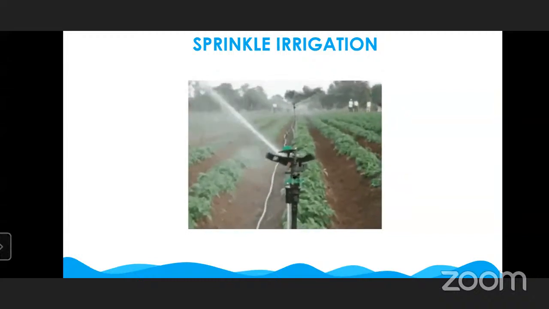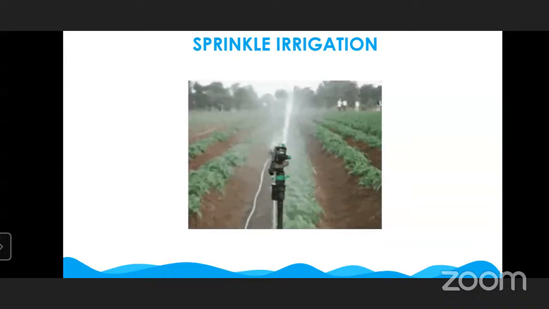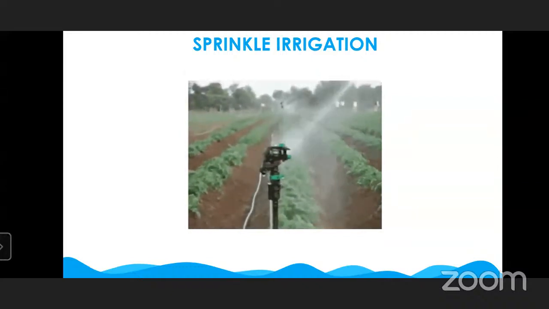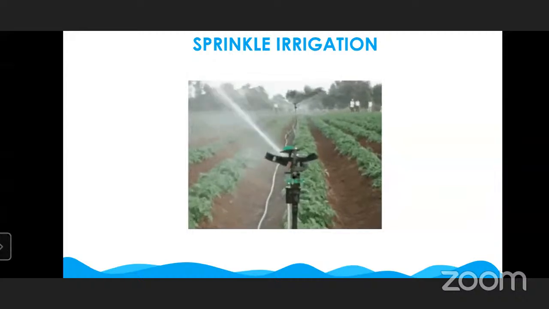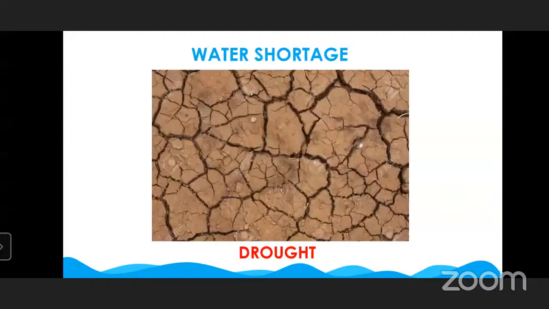Now, we get abundant grains if the rains are good, but sometimes there is not enough rain, and at that time we face problems like this. This is drought. Sometimes crops face problems like drought.